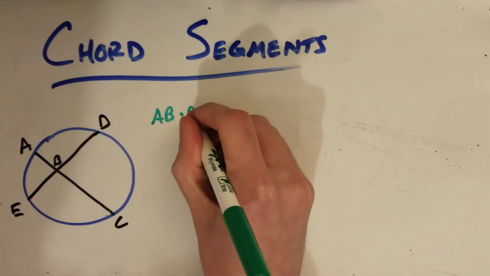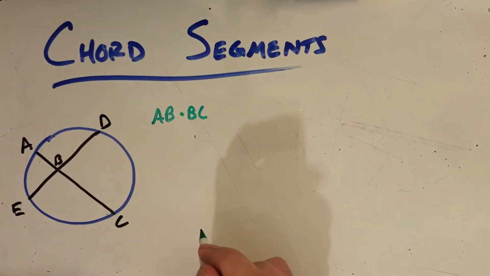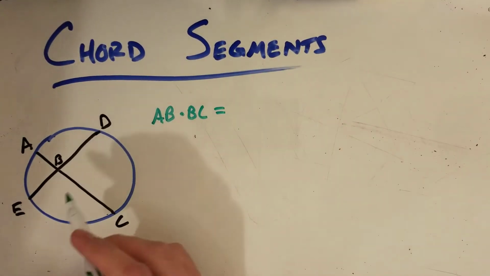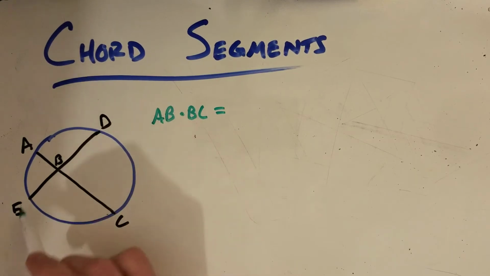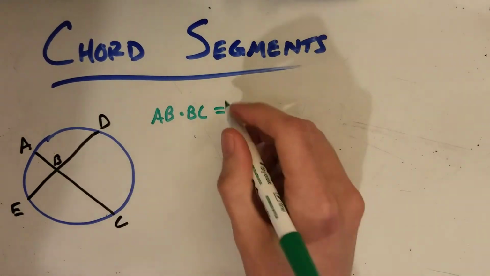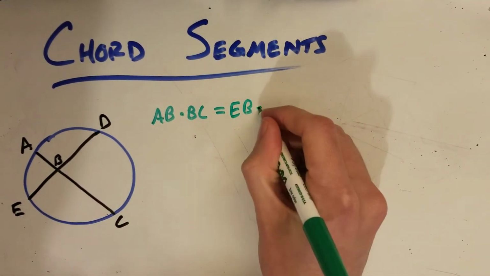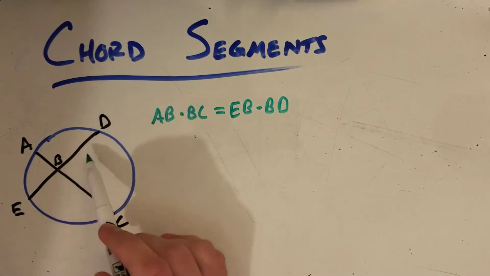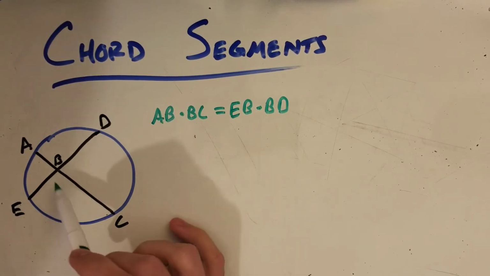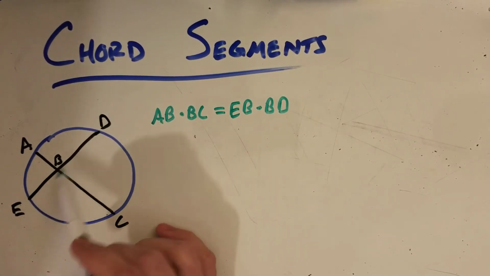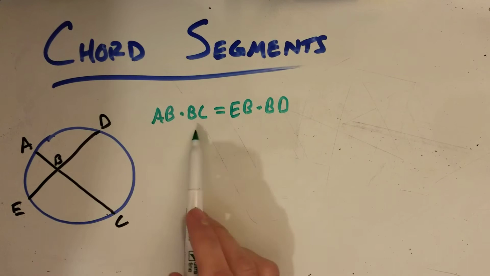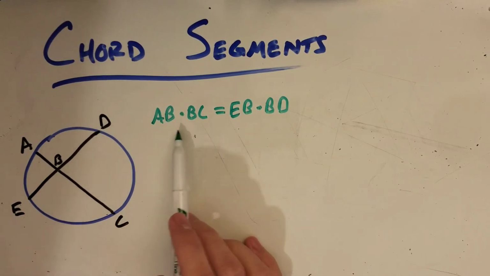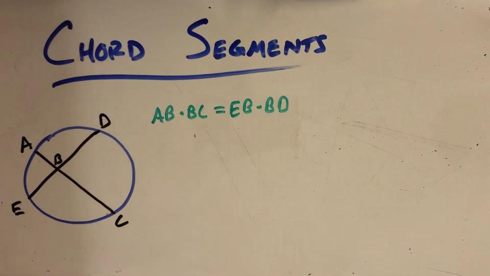So the product of AB and BC is going to be equal to the product of the chord segments of the other chord, EB and BD. EB times BD. So you take the two chords that are being split into different segments, and the product of its two segments is equal to the product of the two segments in the other chord.